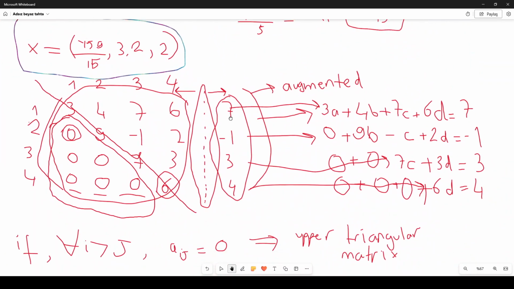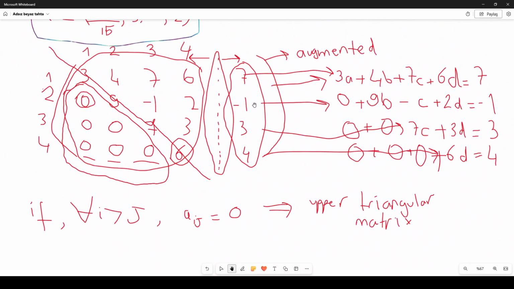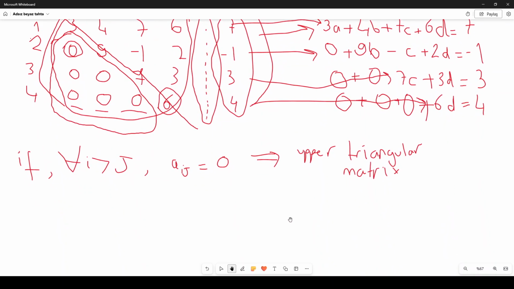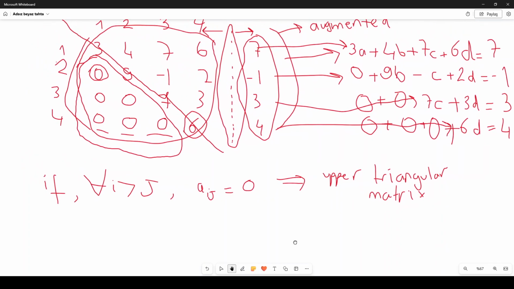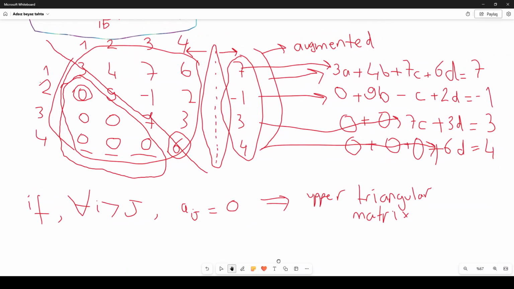Because it is simple, and we will somehow find a way to reduce our system to one equivalent to an upper triangular system. And last but not least, we defined what an upper triangular matrix is, both technically and from an application point of view.